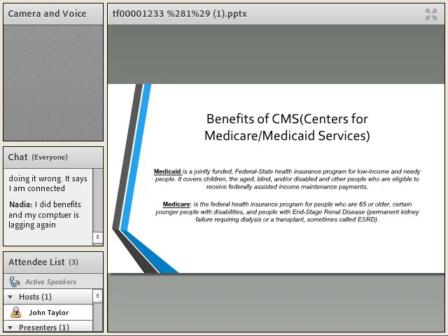It covers children, older people, blind or disabled, and people who are eligible to receive federal assistance. Medicare is the federal health insurance that covers people 65 and older, some younger people with disabilities, and people with end-stage renal disease, which is permanent kidney failure requiring dialysis or transplants.